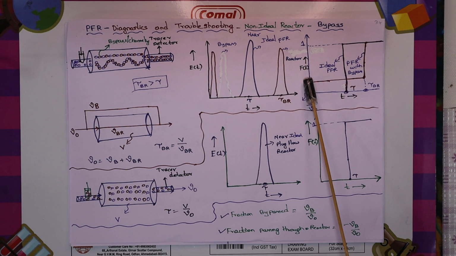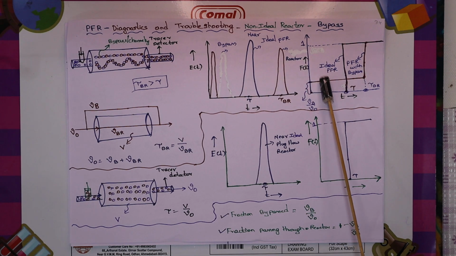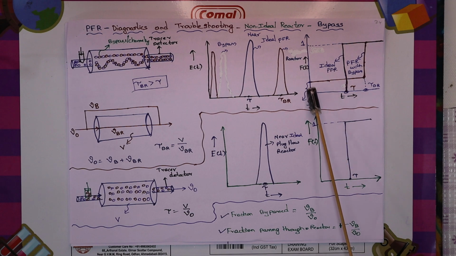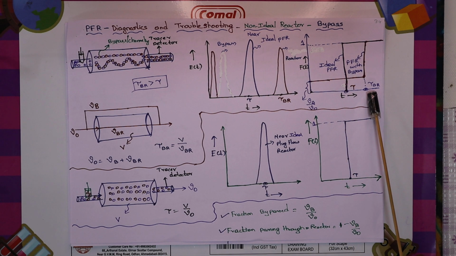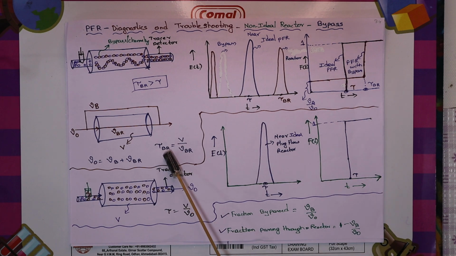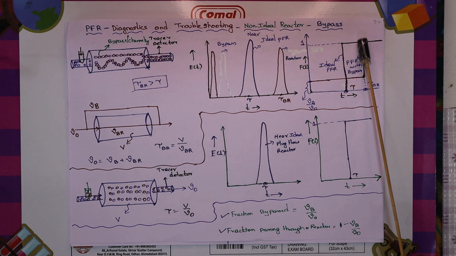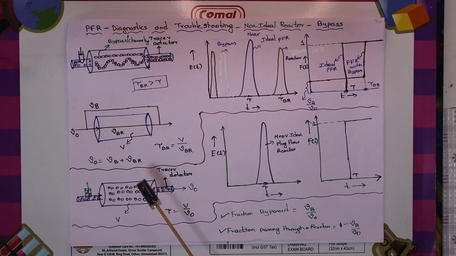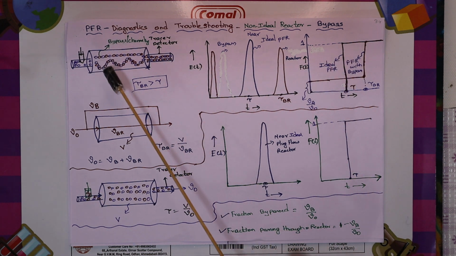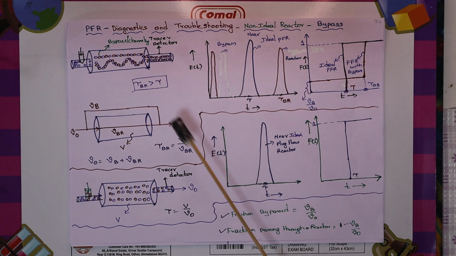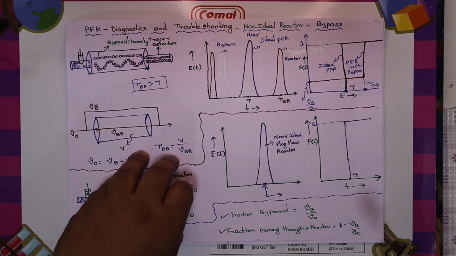The initial molecules come at time t equal to 0, which is this point, and the remaining molecules come at tau BR, which is the space time of the reactor. So you can see this step. If you see this step in the cumulative distribution graph, then you can indirectly identify that there is a bypassing problem in this particular reactor.